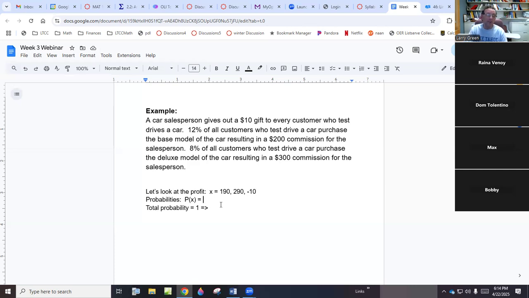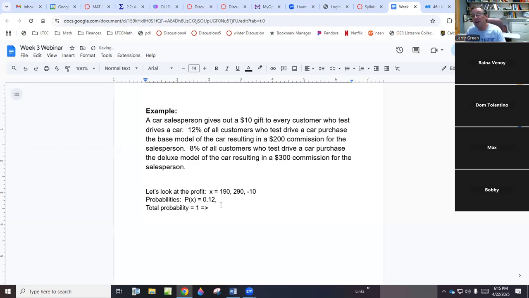Okay. The first probability, of getting $190, well, 12%. Hopefully you know probabilities are always decimals, not percents. But how do you change 12% into a decimal? See if you can put that in the chat box. Some very basic math. Yeah, 0.12.